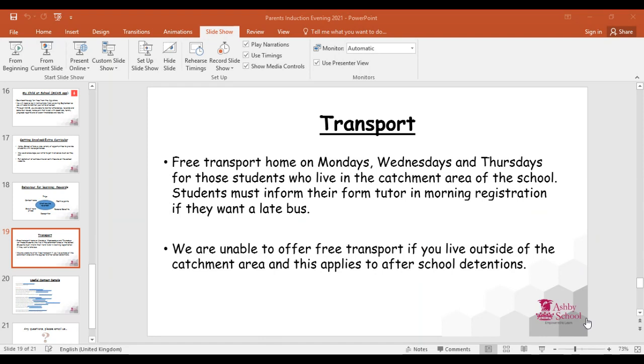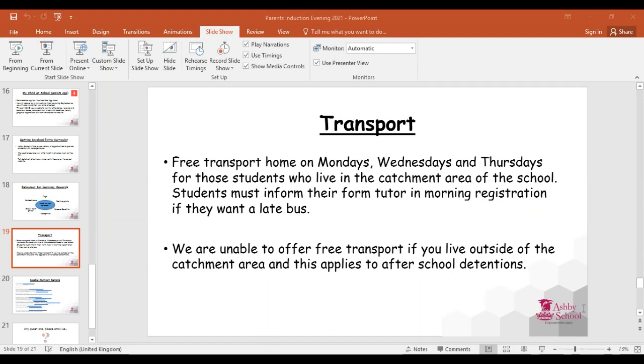What typically happens is that the SENCo from Ashby School will have been in communication with our feeder schools, and we'll already have had conversations regarding your child and what their needs and requirements are. So that information will already have been transitioned up to us. But I fully appreciate your concerns, as we want to make this a really smooth transition, which is a really important time for your children.